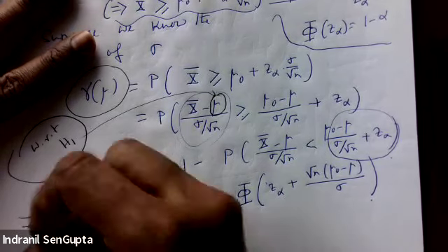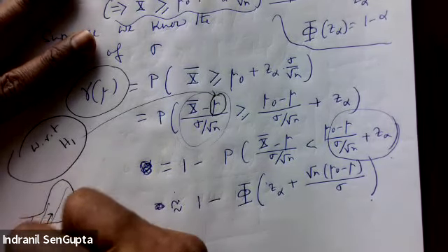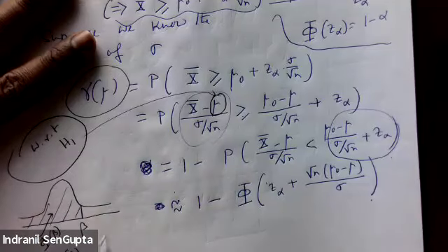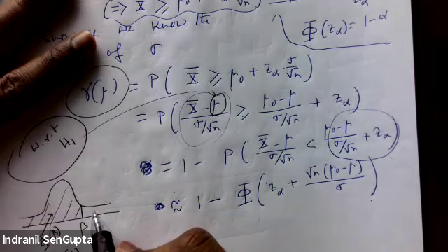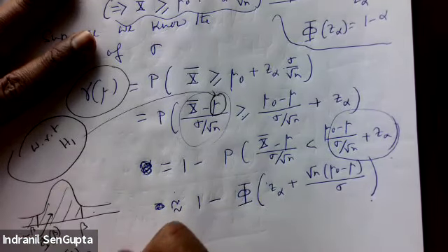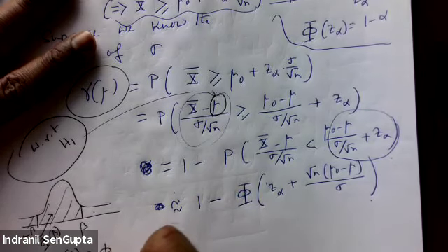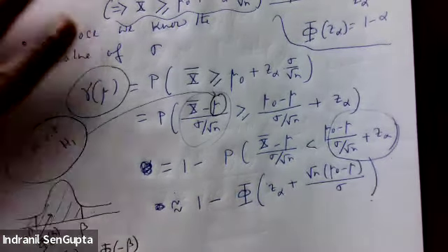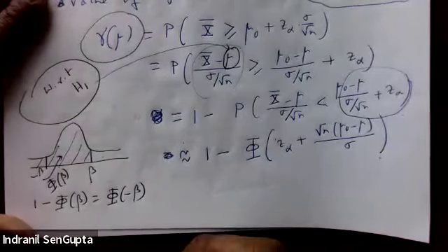Phi of beta is this area, so 1 minus phi of beta is really this area. I can also write the same area, as it's a symmetric figure, as phi of minus beta. Check it. Isn't it true?